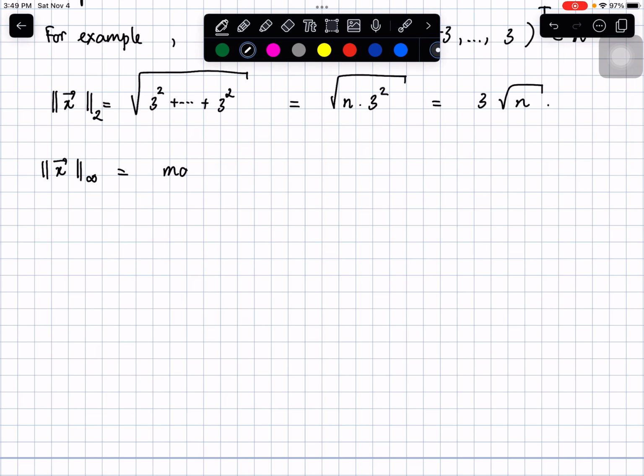The maximum of the absolute values of xi from 1 to n. So it's a maximum of 3. So the maximum is 3, right? Because the absolute values are all 3, which is 3.